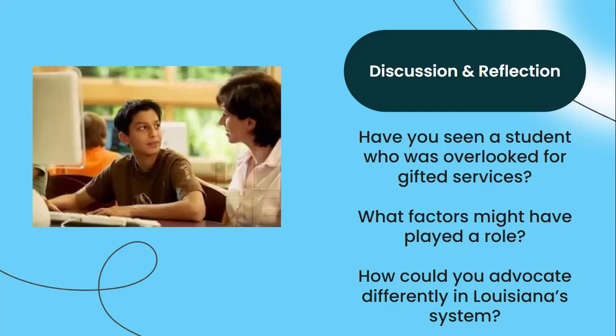And most importantly, how could you now, in this new role as a gifted teacher, advocate for that student within the IEP system? This discussion connects today's theory, hopefully, to your lived experience and prepares you to become an equity-focused educator who advocates for the rights of all students, particularly those who you believe may not be receiving services as a gifted student because they have never been identified.